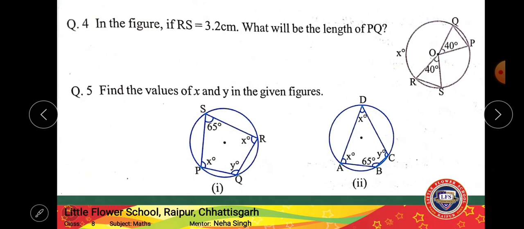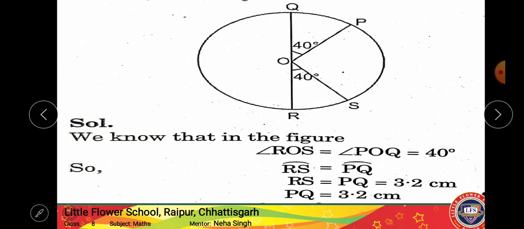In the figure, if RS is given 3.2 centimeter, what will be the length of PQ? RS is given, we need to find the length of PQ. Let us see how we are going to solve. This is the given figure, right?